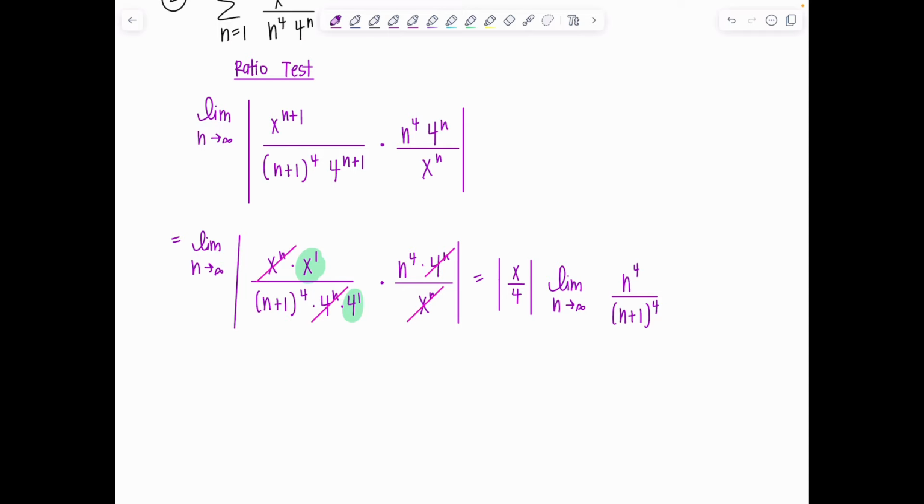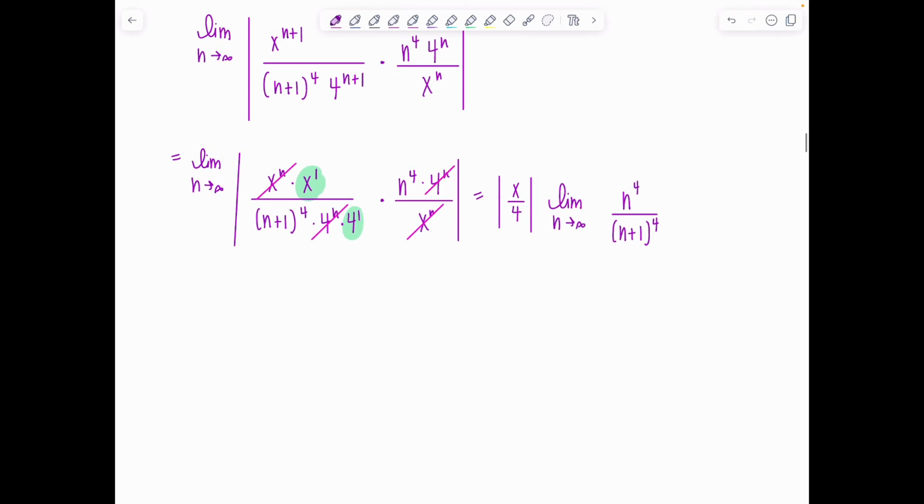Now to take this limit, you have infinity over infinity. I want to divide by the highest power of n from the denominator. Let me show you a slick way to do it, because I personally don't feel like foiling this all out. And we don't need to.